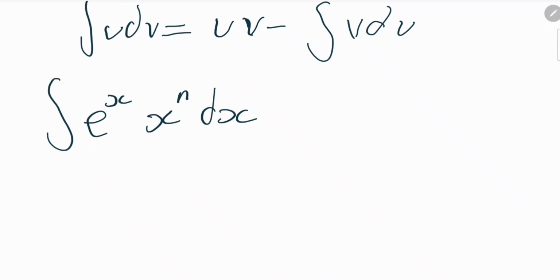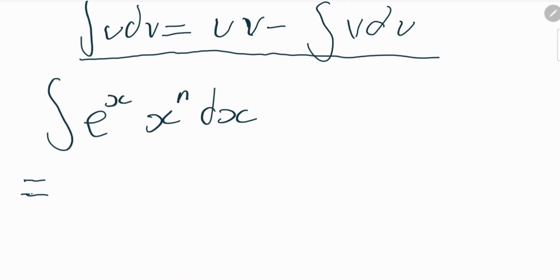Well, first we would use this up here to help us. In this case, we are going to set u equal to x to the n, and we will set dv equal to e to the x dx.